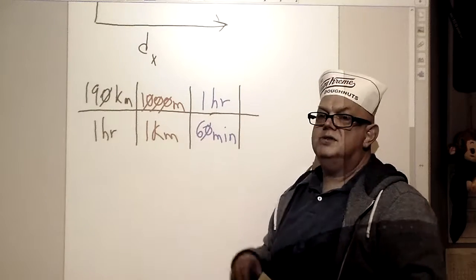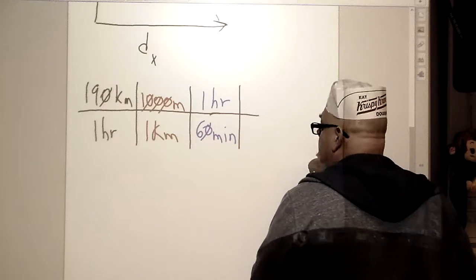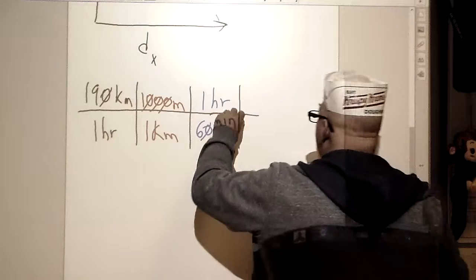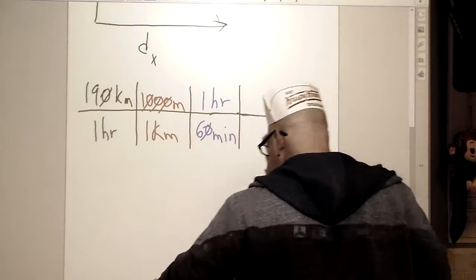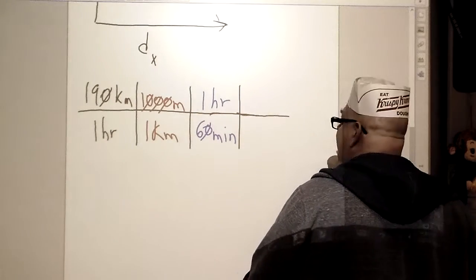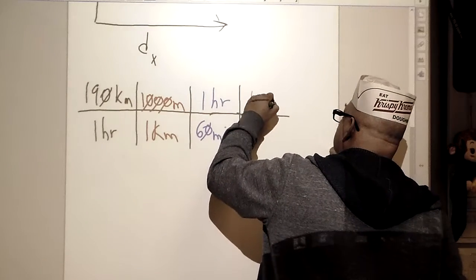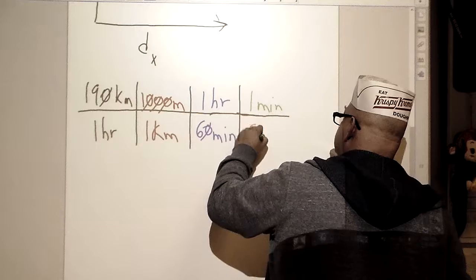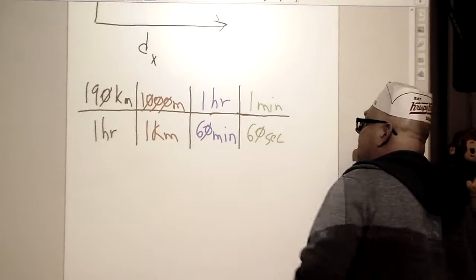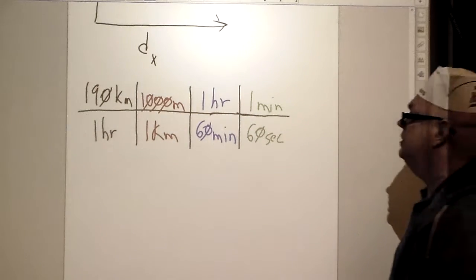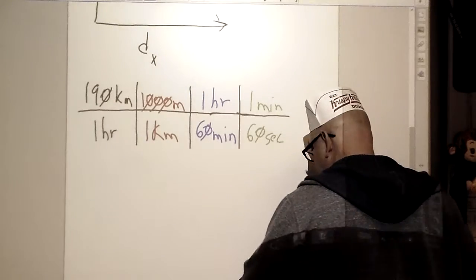Remember, we want our units to cancel out. That's important. We have one more step to do, and that is dealing with 1 minute is 60 seconds. So that's what we have.